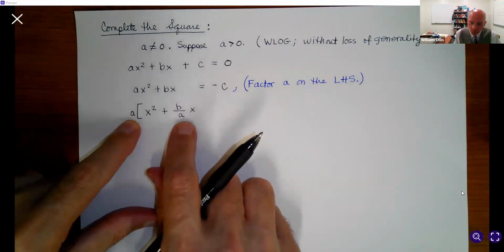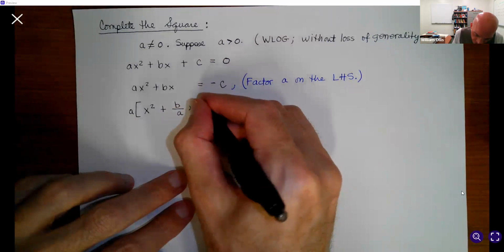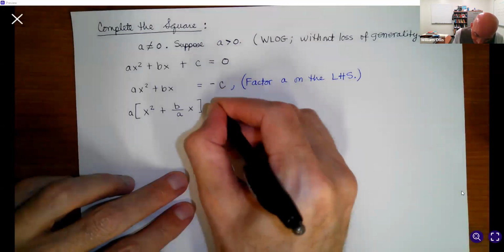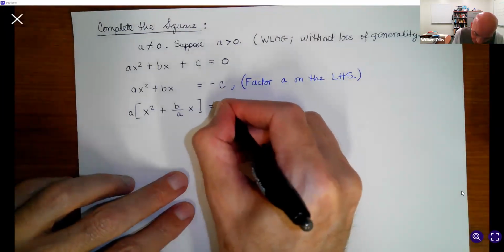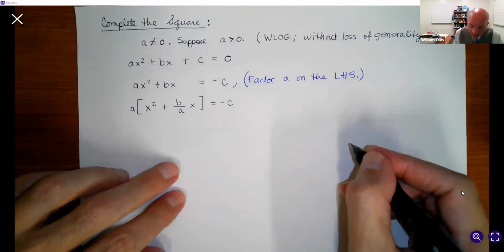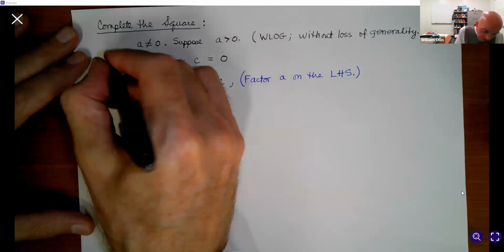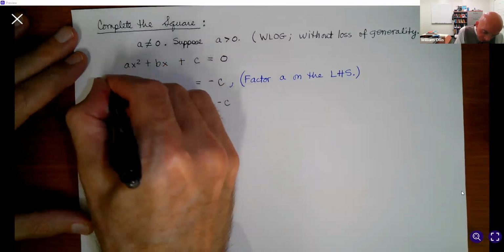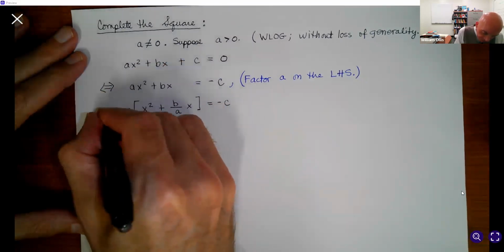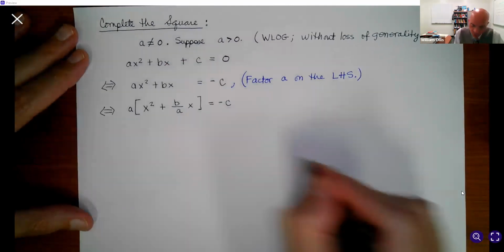Now, in order to complete the square, I'll go ahead and just close this off, just so we have less steps to make it clear. At this point, we see that all of these equations are equivalent. And I don't want to rush through this.